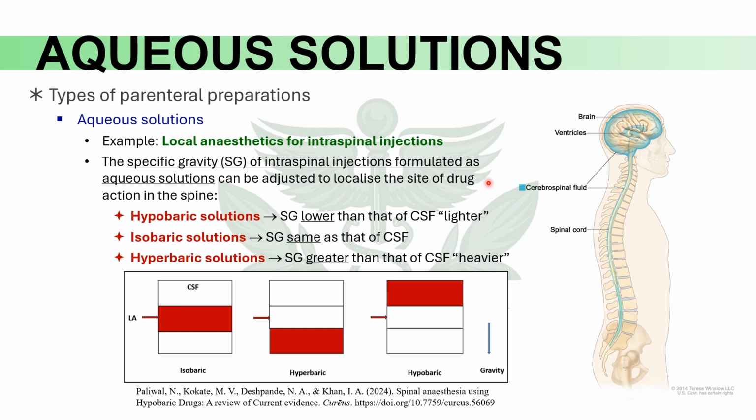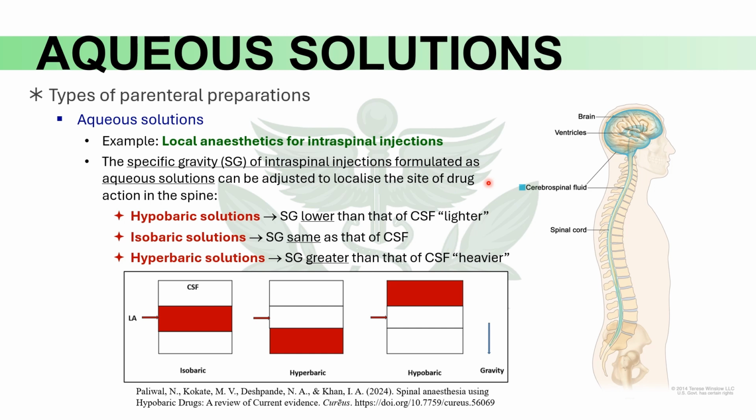When we come to prepare aqueous solutions for intraspinal injections, we can control the density of the solution in order to localize the site of drug action in the spine. We adjust the density relative to that of cerebrospinal fluid. Why? Because we inject the local anesthetic drugs into the cerebrospinal fluid, so it makes sense to measure relative to it.